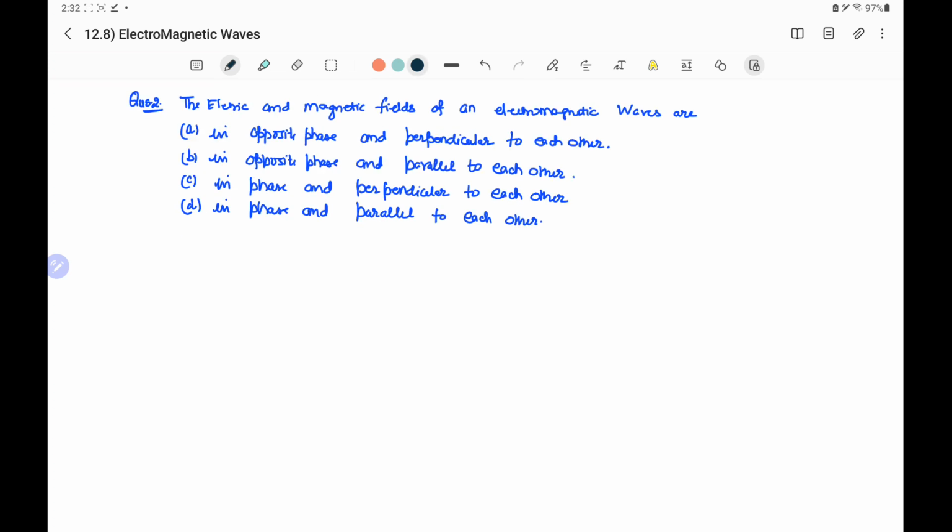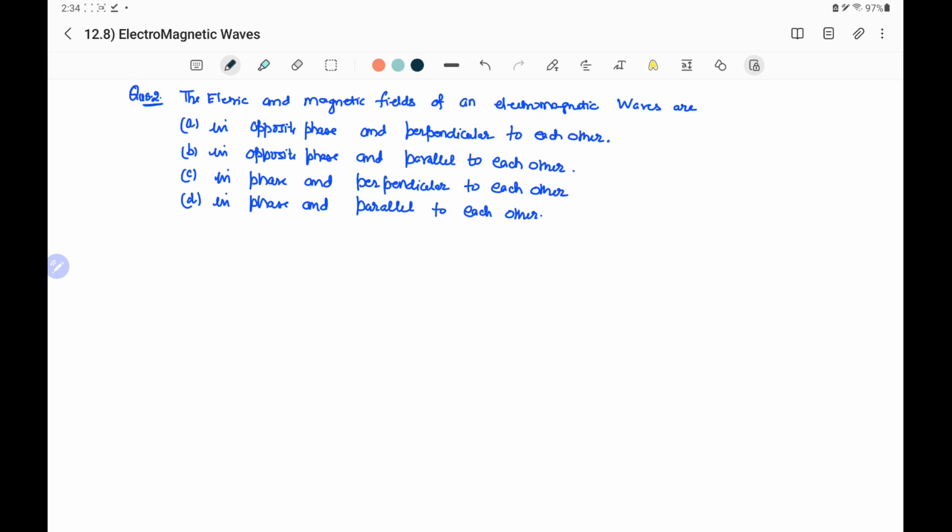Second question: the electric and magnetic field of an electromagnetic wave are? First option is in opposite phase and perpendicular to each other, or in opposite phase and parallel to each other, in phase and perpendicular to each other, or in phase and parallel to each other. We know that electric field vector E and magnetic field vector B and the velocity of the wave are mutually perpendicular to each other.